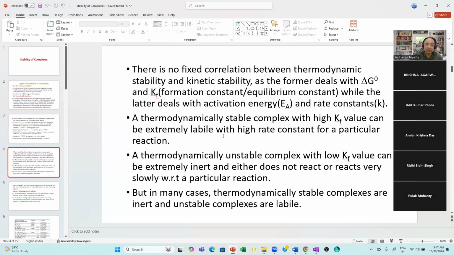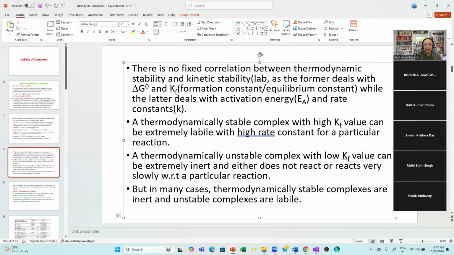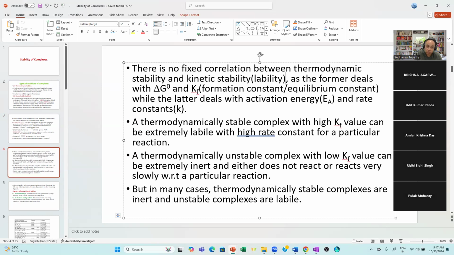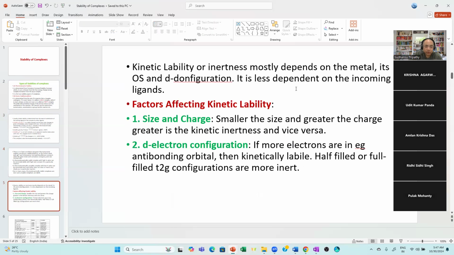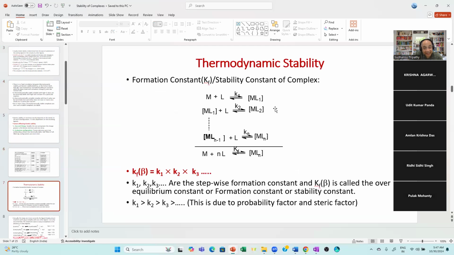So there is no fixed correlation between the thermodynamic stability and kinetic stability or lability. Therefore, kinetic stability should be called lability. That lability includes inertness, labile complexes as well as inert complexes. The term that will be used for kinetic stability should be lability. I will be explaining factors for kinetic stability at the end.